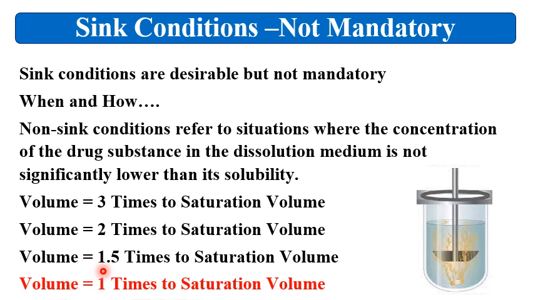Now if you go above this, then you can dissolve more amount of the drug substance, from 1 to 1.5, then 2 and 3. If you go beyond 3, then you can achieve the sink condition. But if it is not practical to have the volume more than 3 times, then 2 times, 1.5 times or 1 time also can suffice the requirement.